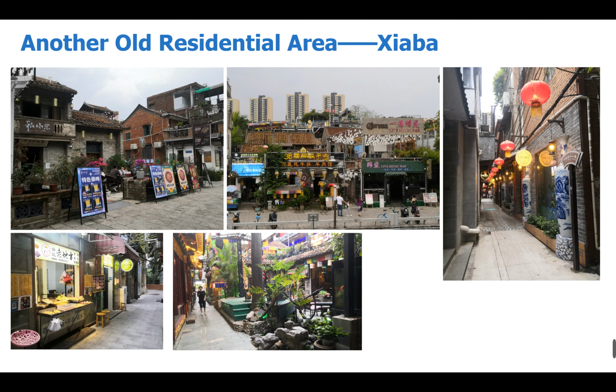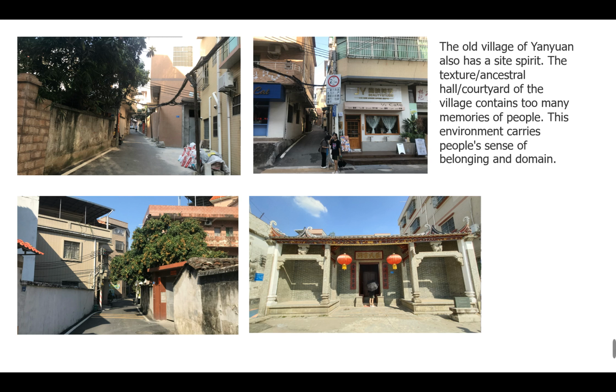The old villages of Yayuan also have this spirit of the site. The texture and ancestral hall courtyards of the villages contain too many people's memories. This environment carries people's sense of belonging and domain.